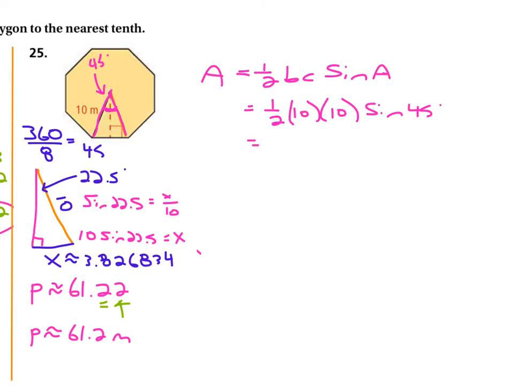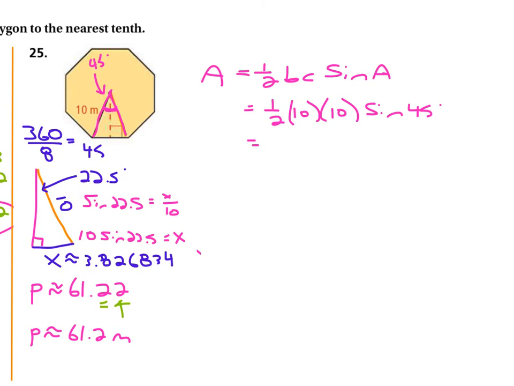We can calculate this. Take the sine of 45 degrees times 10 times 10 times 1/2, and we get 35.35 something.